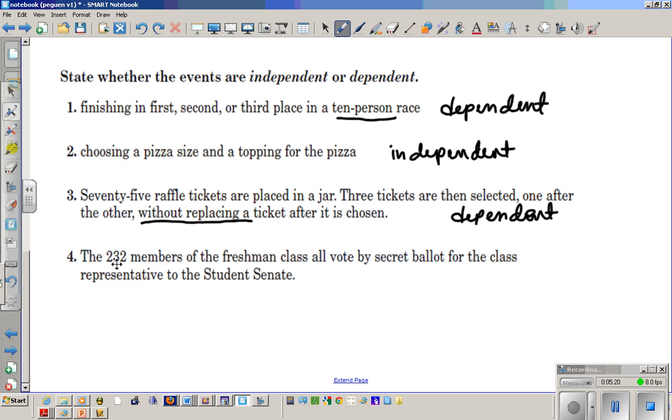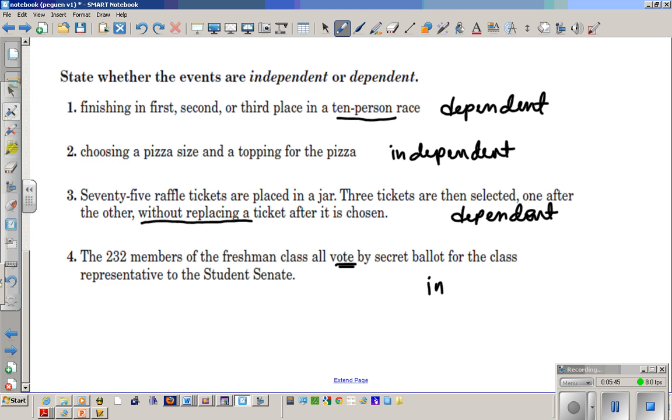Number 4, 232 members of the freshman class all vote by secret ballot for the class representative to the student senate. For this one, each person is voting, right? One person's vote does not affect the other person's vote. So in this case, they're all separate.